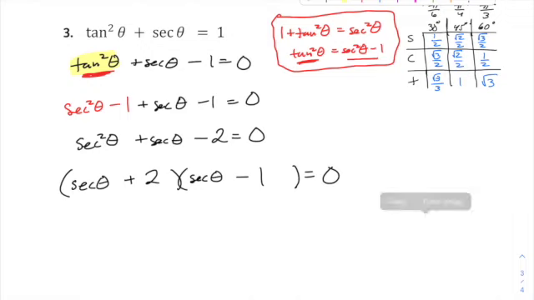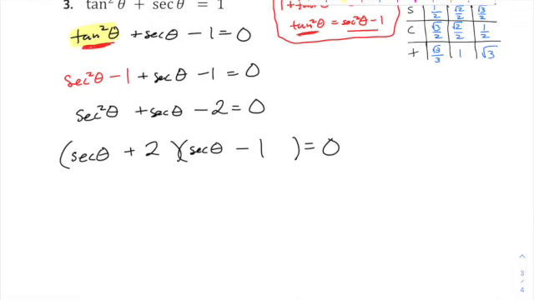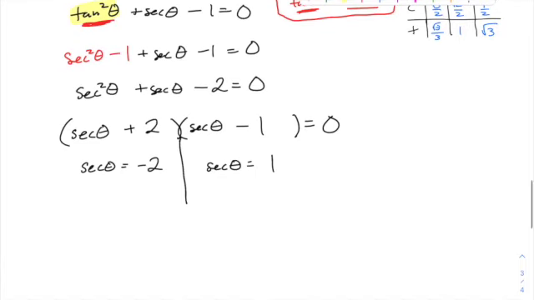And now we set each factor equal to 0. Setting that factor equal to 0 will give me where does secant equal -2. Setting this factor equal to 0, I'll add 1. That says where is secant equal to +1. And does this have a solution? Is this one of those like the last problem where if it goes below -1, it's got no answer?